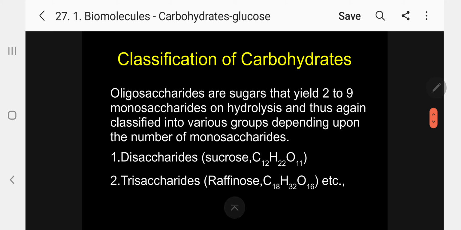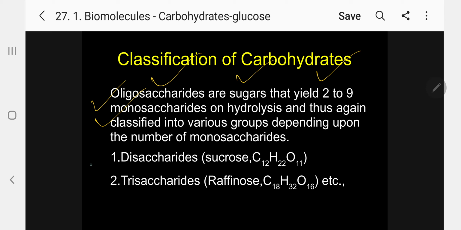Now, I have discussed monosaccharides so far. Let me come to the oligosaccharides. These are also sugars that yield 2 to 9 monosaccharides on hydrolysis, and are thus again classified into various groups depending upon the number of monosaccharides.